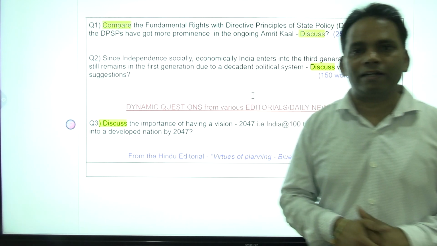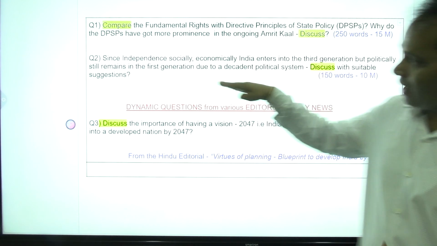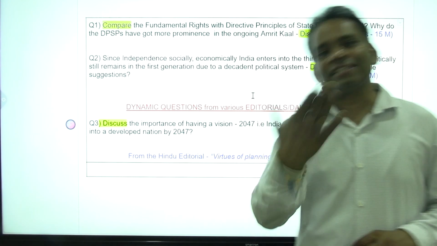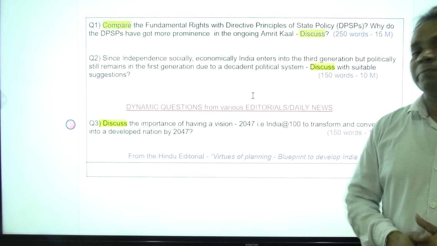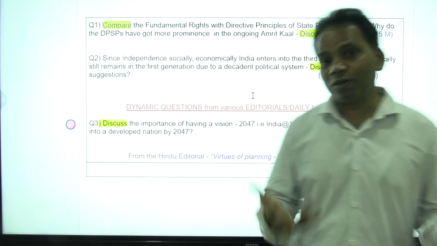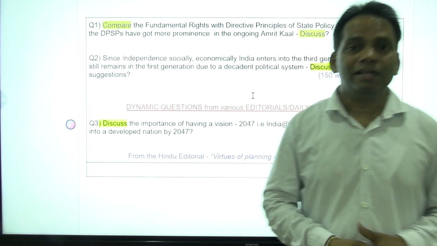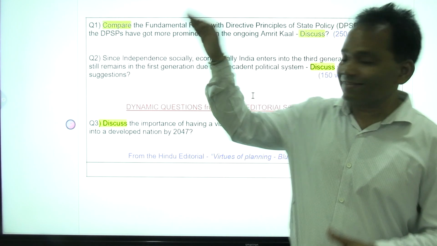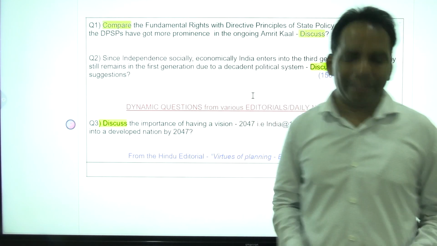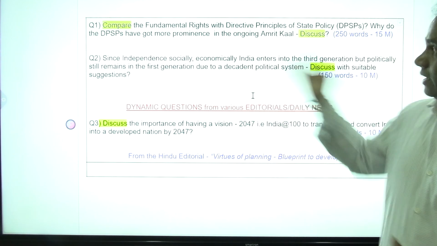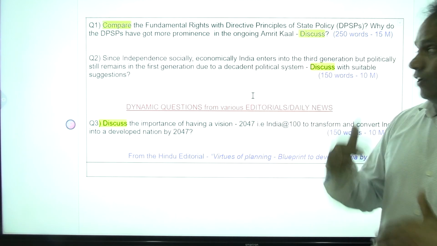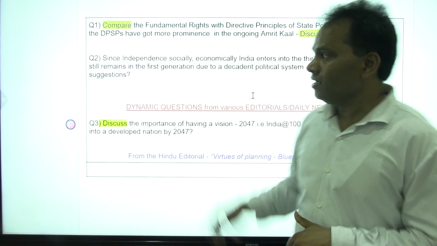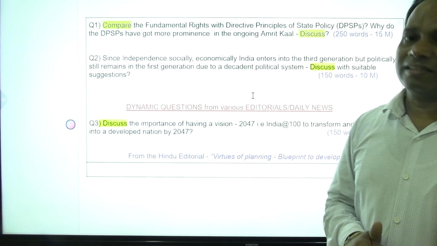That is important. Still the average voting is only 67%. What about the remaining 33%? 33% is more than the US population, which means around 30 crore Indian voters are not coming to exercise their franchise because they are disillusioned. That is an important indication. In that way you have to substantiate your answer. This way you should give the suggestions.